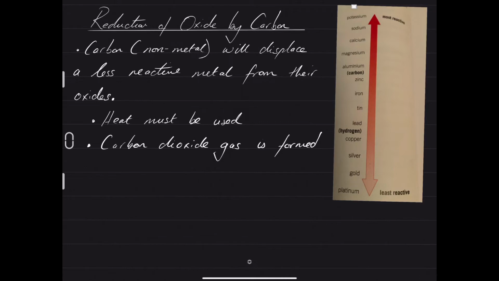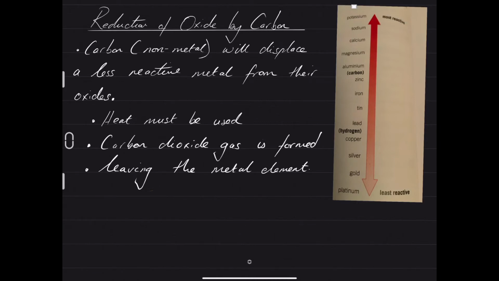Now, last point, leaving the element, the metal element. So you've got carbon dioxide gas being formed as a product, and also now you have the displaced element. So now we're going to look at a word equation for the reduction of a metal oxide by carbon.